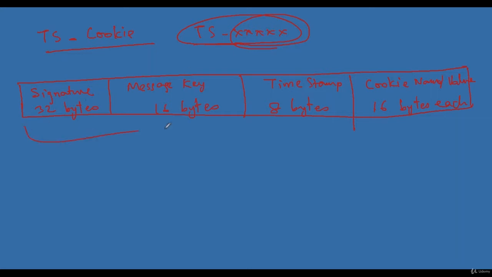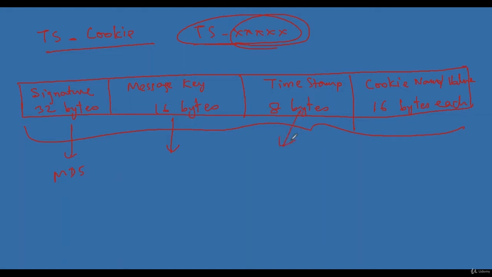This is the structure of the TS cookie and how it looks. The signature is nothing but the MD5 digest of the remainder of the cookie. The message key is a randomized byte sequence which connects the TS cookie with any other ASM cookies.